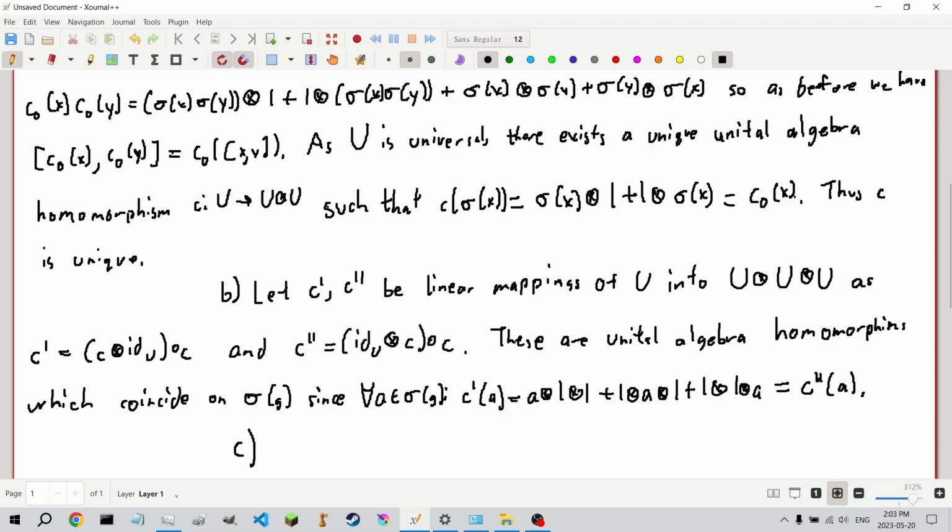C is for co-commutativity of C. Let tau be the automorphism on U tensor U, just being the one that you'd expect for co-commutativity, namely the one that just swaps the order.